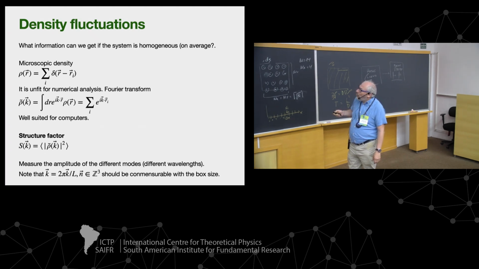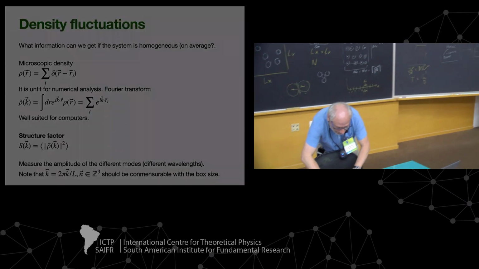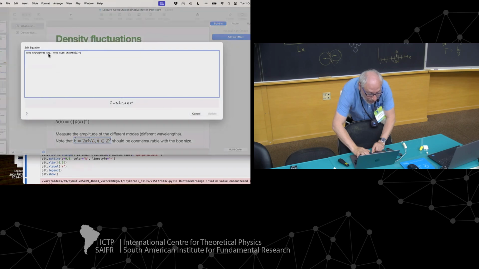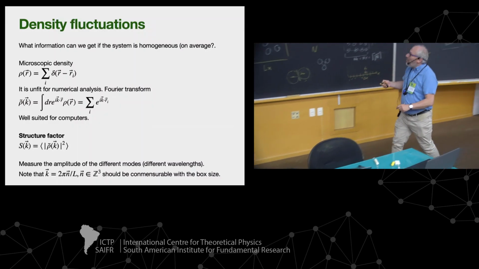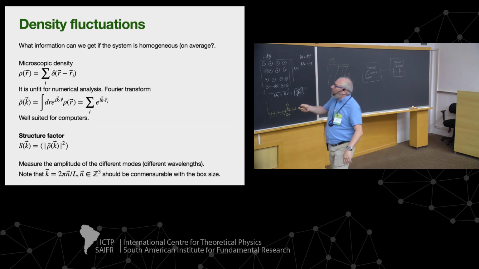Oh, no, that's a horrible mistake. I'm going to correct it immediately. So the wave vectors cannot be anything. They should be 2 pi n divided by L, where n is any integer number in a cube in 3 dimensions. Okay? So that's the structure factor.